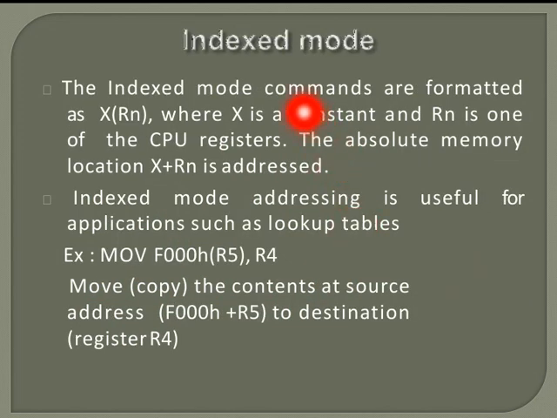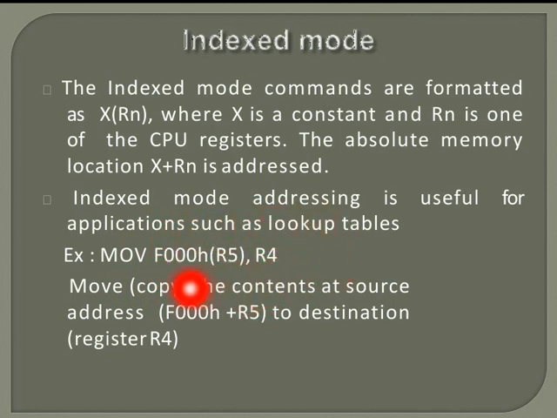Second is indexed mode. This is in the form X(Rn), where X is a constant and Rn is one of your CPU registers. So the absolute memory location X plus Rn is addressed. How can it be done? You can see here the instruction, MOV F000H(R5), R4. This is your source, and this value has to be moved to your destination, R4.